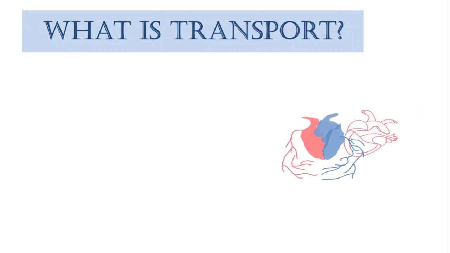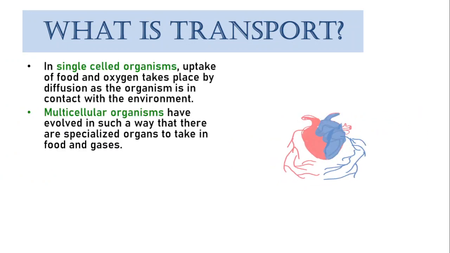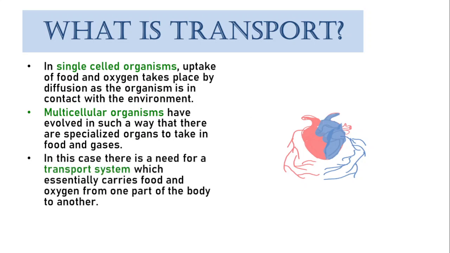Next, we're going to move on to the life process which is transport. So when we look at transport of substances throughout the body, we have to do a comparison between how this differs in single cellular organisms and multicellular organisms. So single cellular organisms take up food and oxygen through the process of diffusion because their entire body is in contact with the environment, and this process becomes very easy.